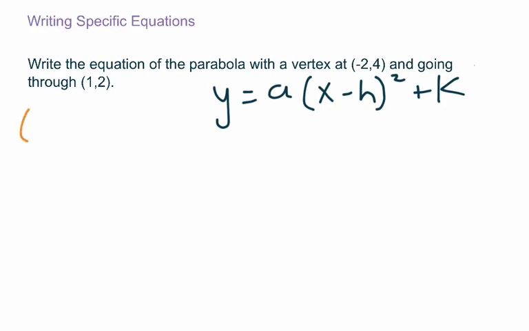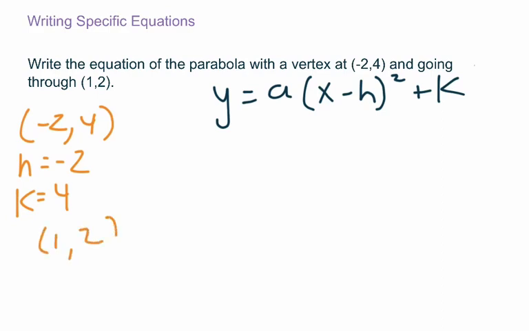We know the vertex is -2, 4. That means that H is -2 and K is 4. We also have the point 1, 2, and we want it to go through the point 1, 2. And that's where we're going to get our X and our Y that we're going to borrow. Now, think about this for a moment. There's a couple ways you could reason this out.